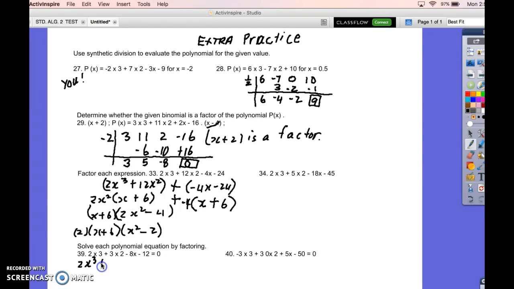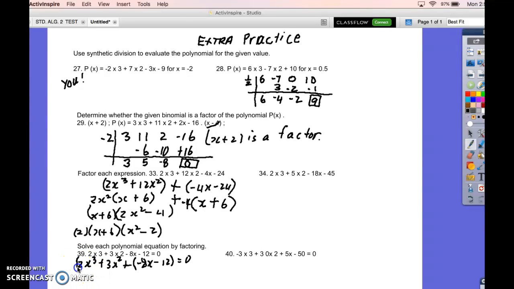2x cubed plus 3x squared. I like to put plus here, and then that gives me the negative in here, 8x, and then a negative 12. That's equal to 0. We're solving it, so we want to find the x value that would make y 0. So grouping by 2's, did I do it?